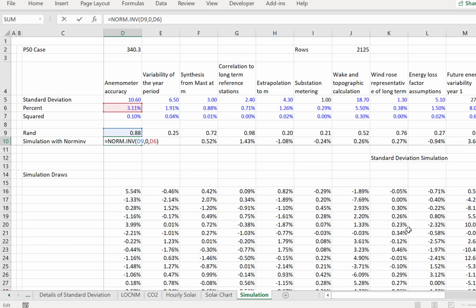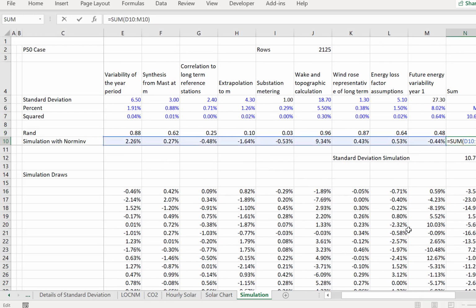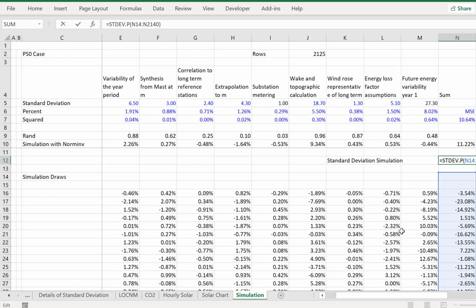So I put 0 for the mean. And we get that for all of the components. These are like all those components. And then we get to the end, and then we sum this thing here, and then we just run it thousands of times.